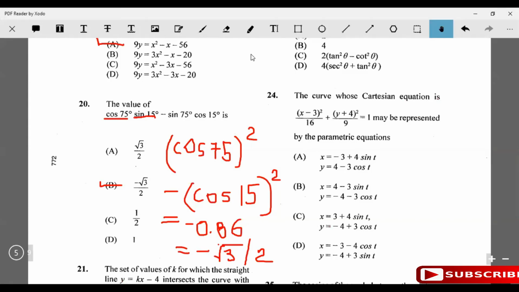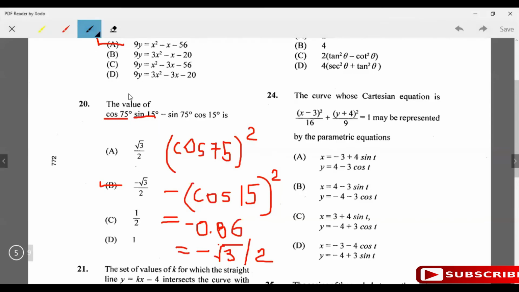All right, so let's go back to why we squared it. I squared it because, as we said, the sine of 15 is equal to the cosine of 75. So I can replace sine 15 with cos 75. So cosine 75 times cosine 75 is cosine 75 squared.